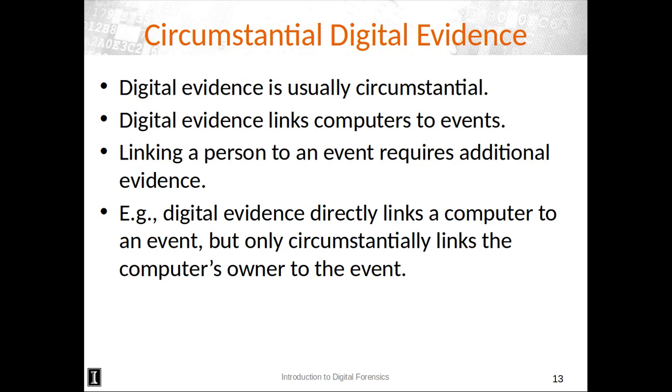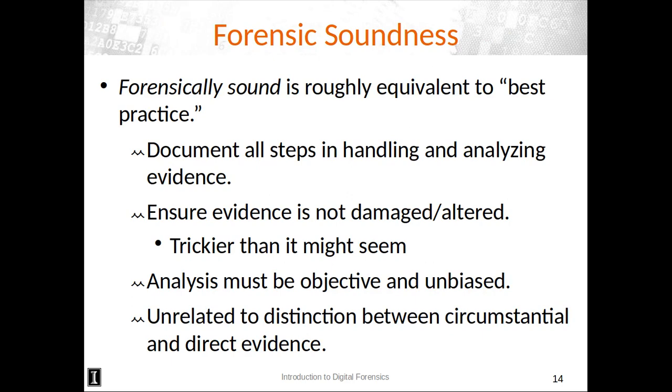Digital evidence directly links a computer to an event, but only circumstantially links the computer's owner to that event. And so we're going to need multiple sources of digital evidence. Everything is saying here about the criticality of collecting not only evidence, but a lot of evidence, being able to handle that evidence correctly.